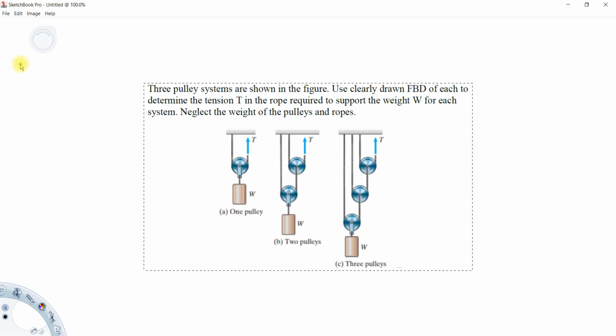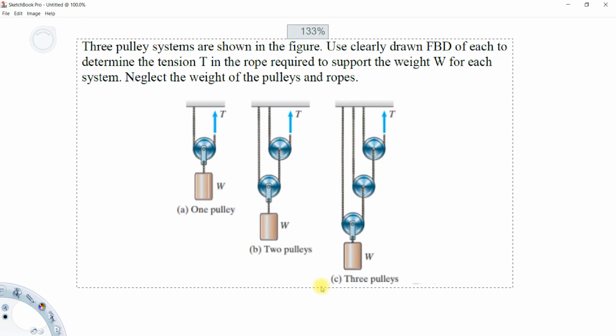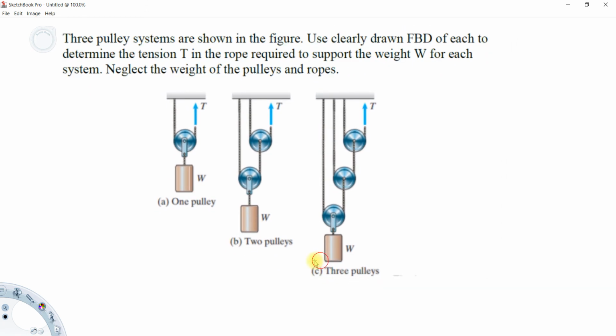Okay, I did that. All right, so I'm going to talk about these systems here, which were drawn by somebody else. I'm going to take a moment and give them credit, whoever did it, and talk about how we would analyze these. So analyzing the pulleys, it's all about the free body diagrams.